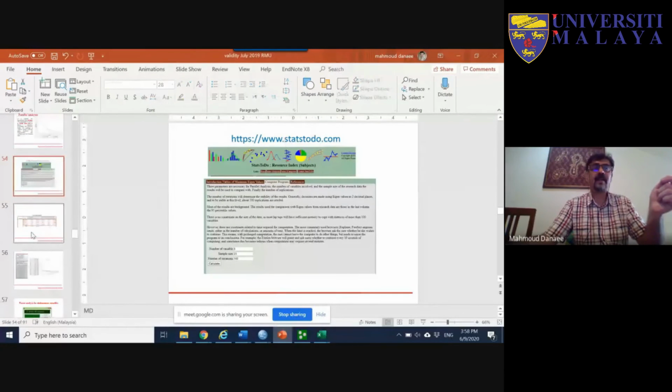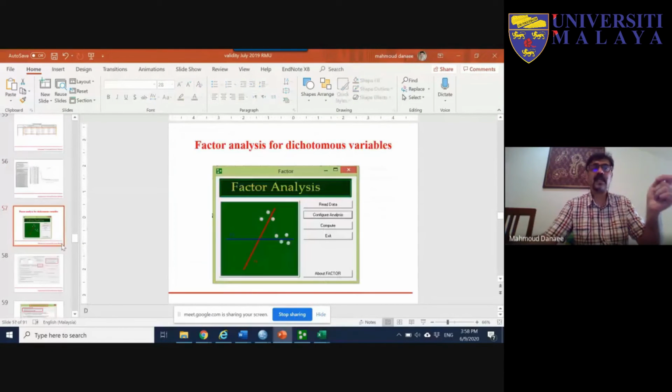But the point here is that this statistical software is not a strong software to do the factor analysis. Recently, a group of scientists in Spain developed another software called Factor.